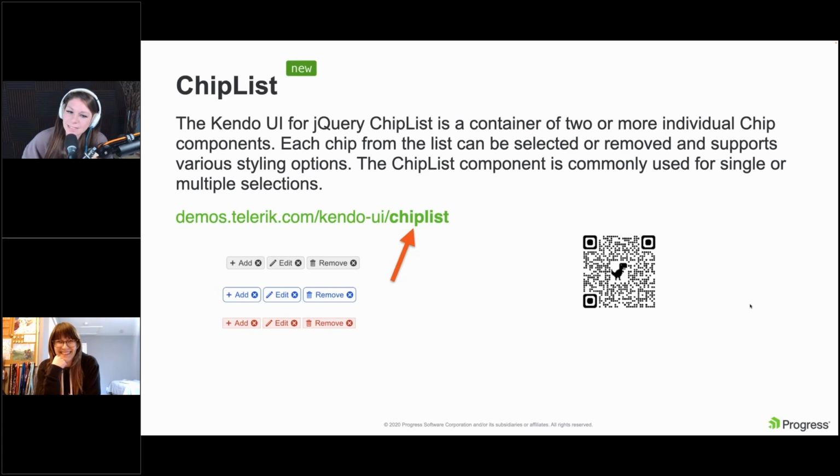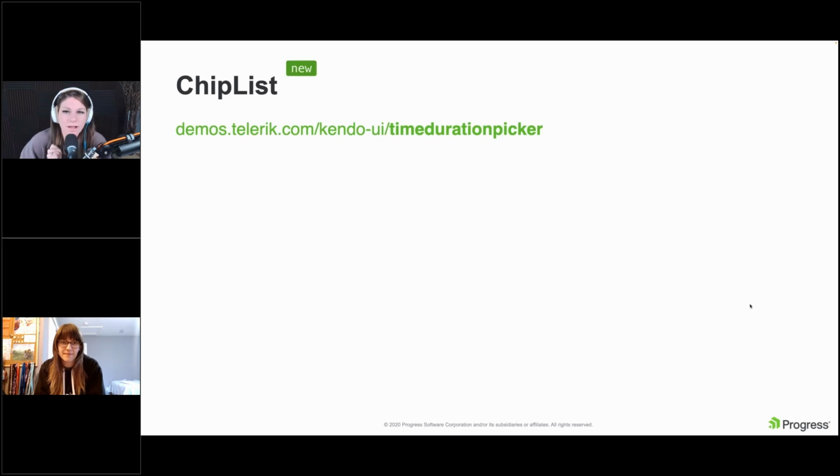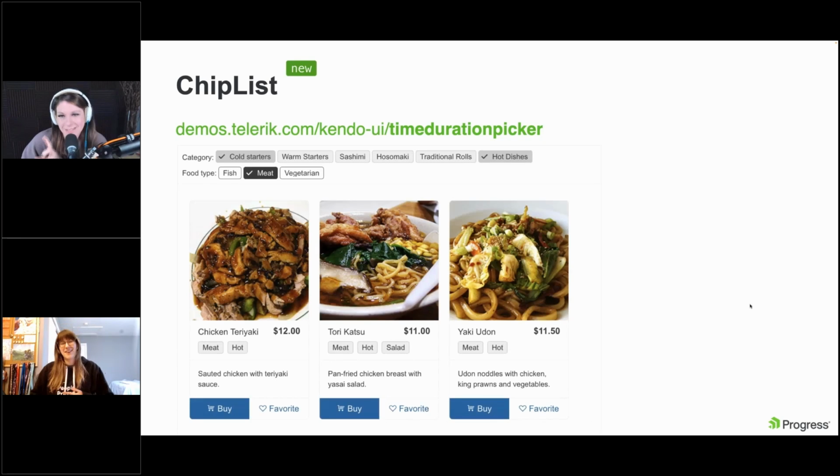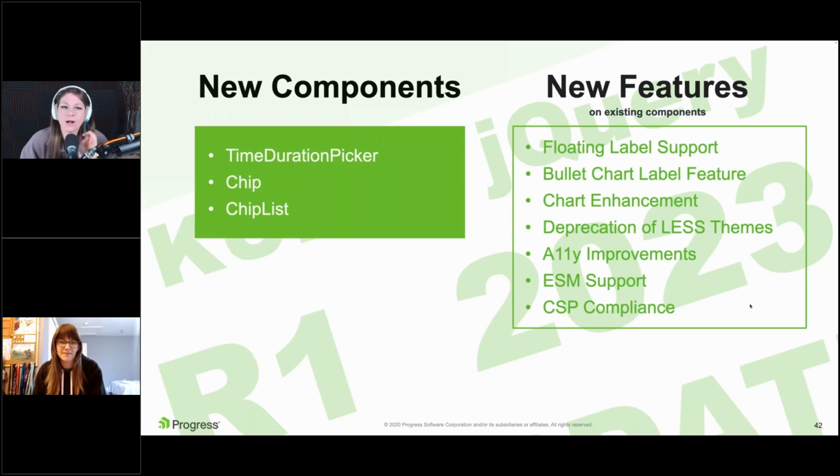You can see I was customizing the different appearances of the chip, and you can specify an icon or not specify an icon. Prep yourself for hunger. So here it's utilizing the actual chip list component. So yes, it's very fancy. It's very cool, and I am going to pull up an actual demo of that in a minute. But those are our three new components for jQuery this release: TimeDurationPicker, chip, and chip list.